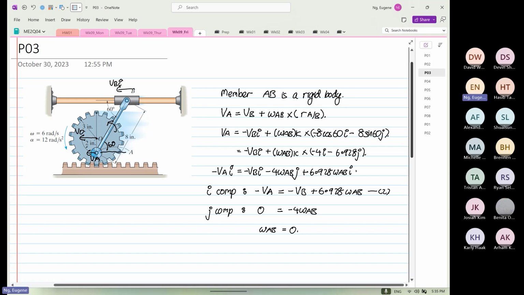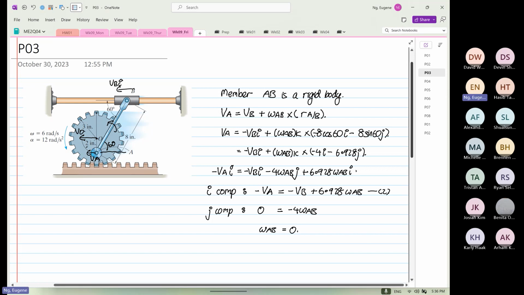So if you don't want to use that, you don't need to. But I've shown that without using the instantaneous center, we are okay. Am I right? Yeah. We are okay.